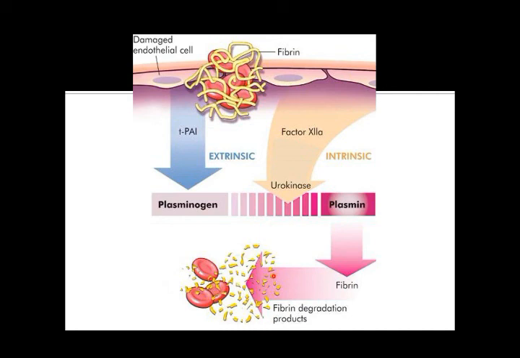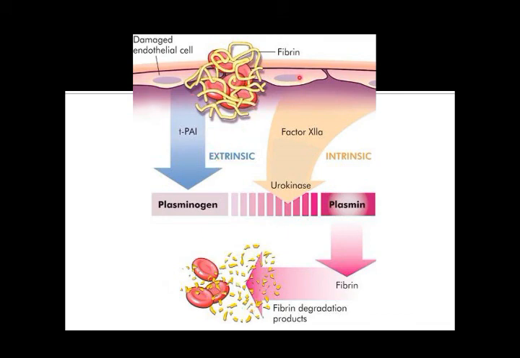So while a clot is forming, it's also being dissolved. It's not absolute though. When there's tissue damage, endothelial cell damage, or vascular damage, and the clotting cascade is activating, forming fibrin clots, the factors that are favoring clot formation are stronger than the factors that are favoring fibrinolysis early on.